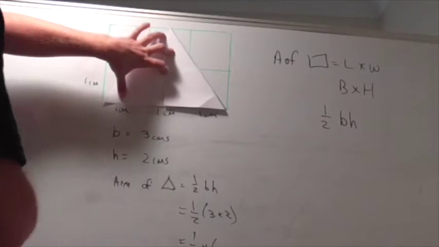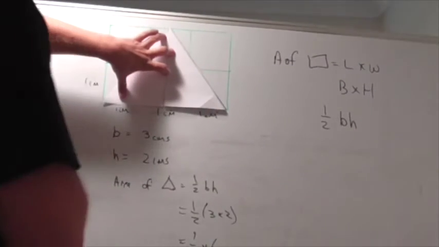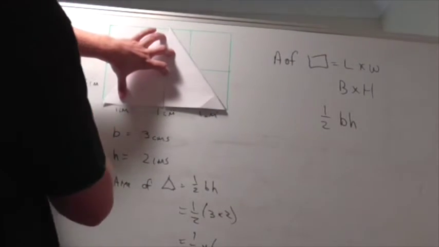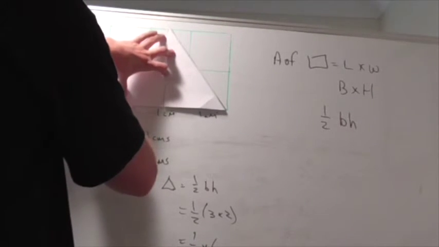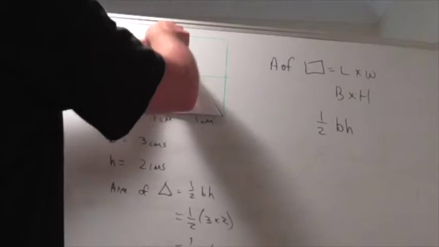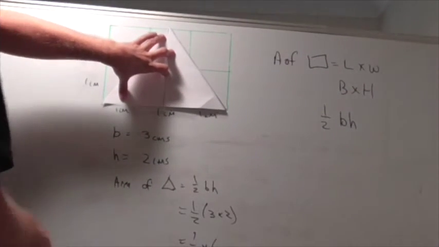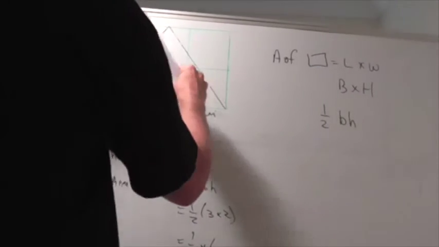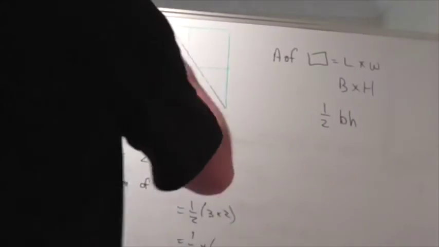Or another way of saying that is, half of the area of the rectangle equals the area of the triangle. And that works for any rectangle or triangle where the triangle starts at the corners and touches anywhere at the top of the rectangle. So that proves that the area of the triangle is half the area of the rectangle.